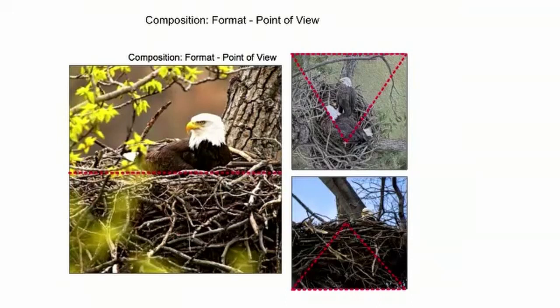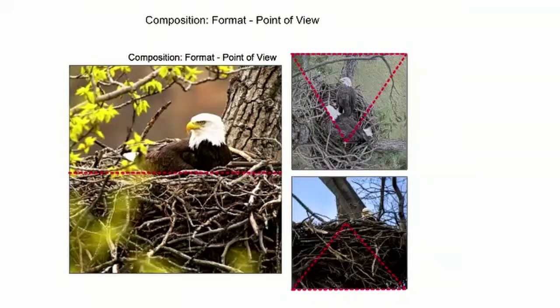Okay, just another thing for you to think about with compositional elements. I've taken these 3 different views of an eagle's nest. The one on the left, we would have to be in one of those buckets they lift up in a truck so that we could be looking straight at it.